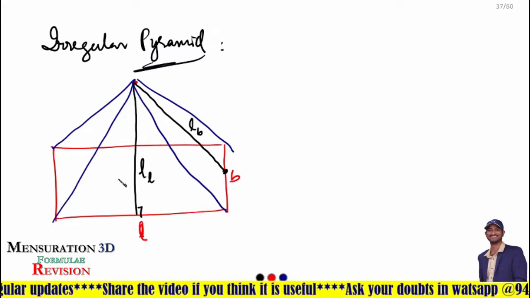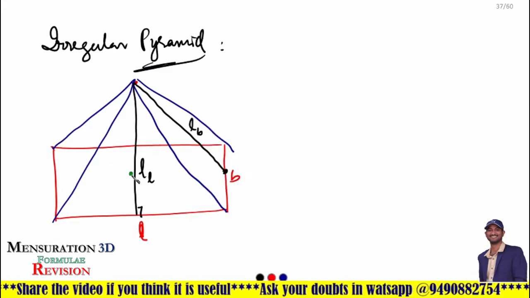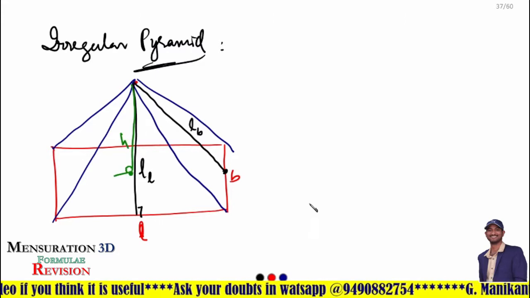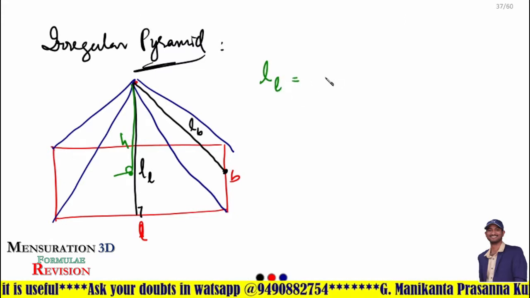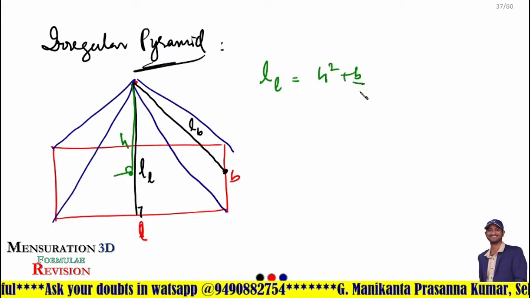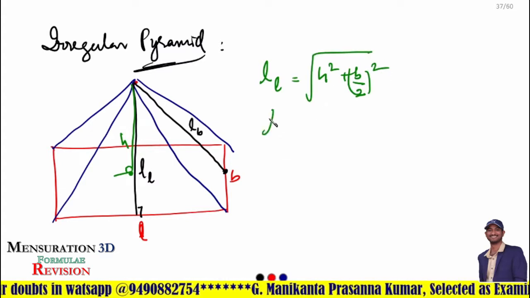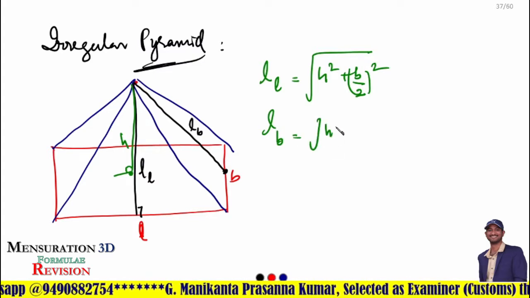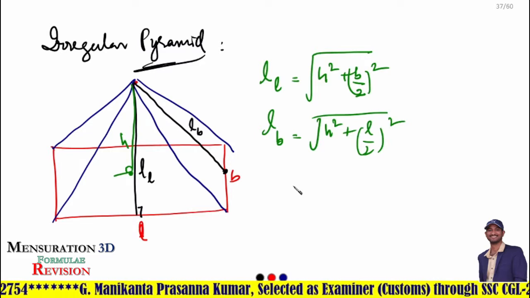If the height of the pyramid is h, then the slant height on length is equal to root of h square plus (b by 2) whole square, and the slant height on breadth is equal to root of h square plus (l by 2) whole square.